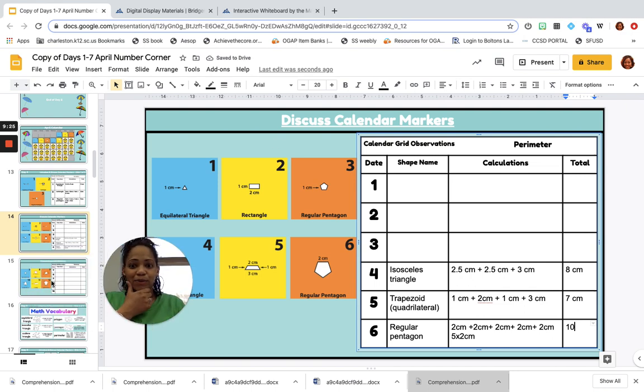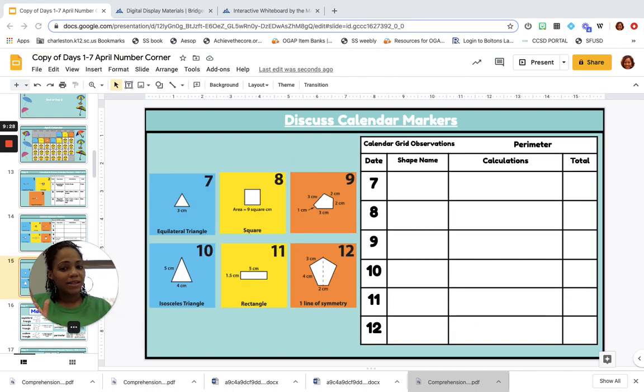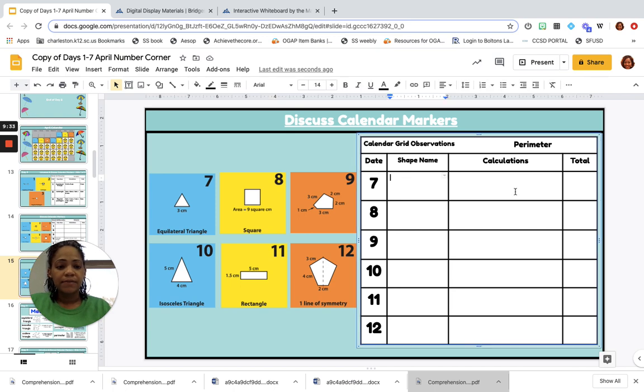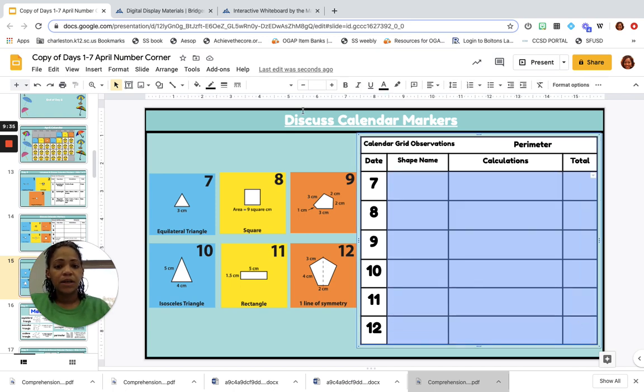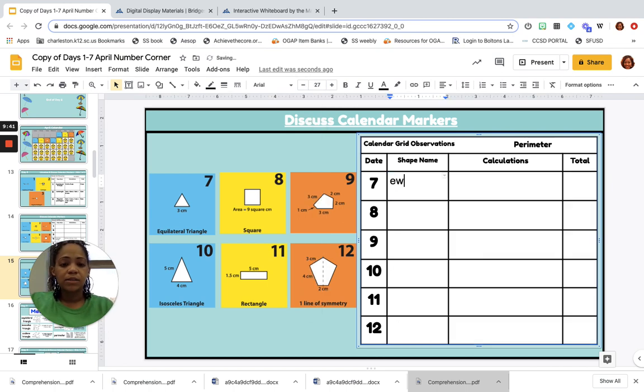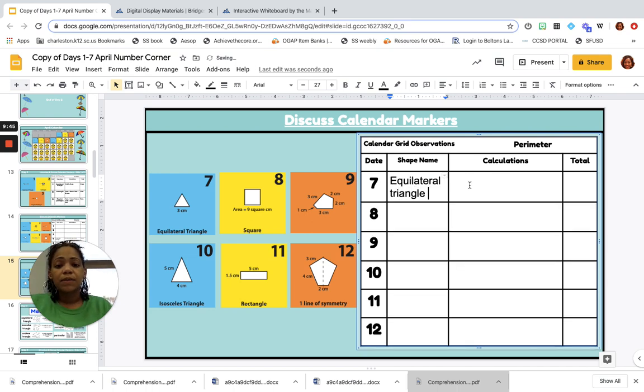Let's keep it moving. Okay, let's look at the 7th. Now we have an equilateral triangle. An equilateral means what? Good, it means all the sides are the same. So here's what I'm going to do here.